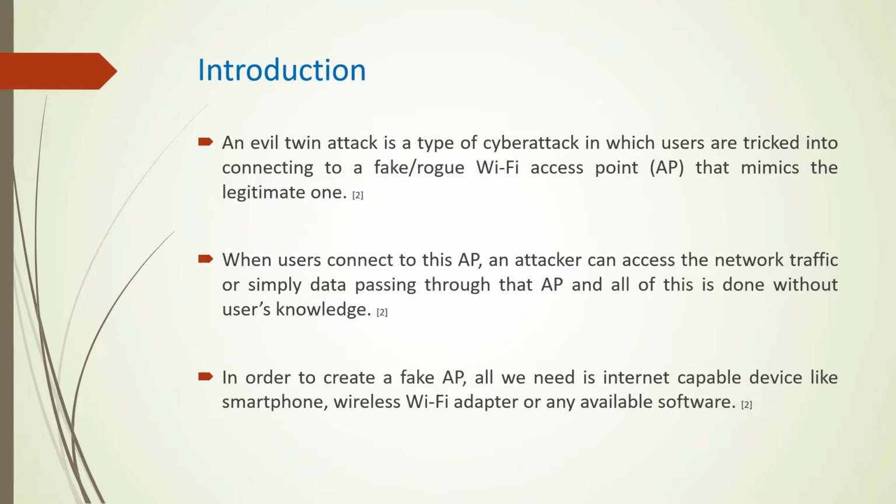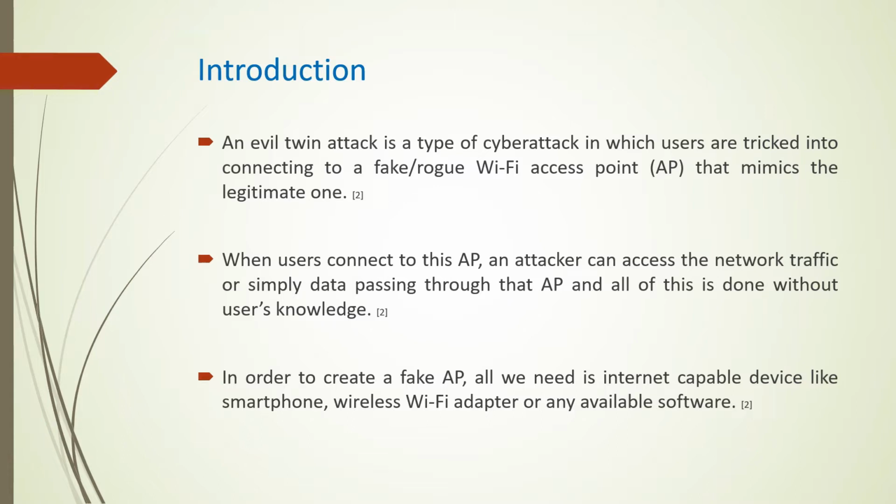So we'll start with what is evil twin attack. Evil twin attack is a type of cyber attack in which users are tricked into connecting to a fake or rogue Wi-Fi access point that mimics the legitimate one. When users connect to these access points, an attacker can access the network traffic or simply data passing through the access points, and all of this is done without users' knowledge.